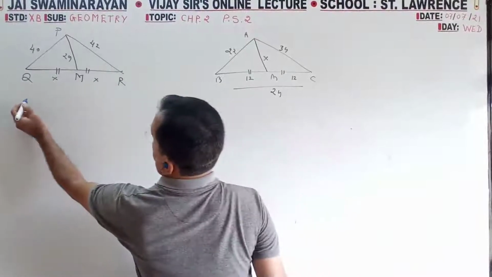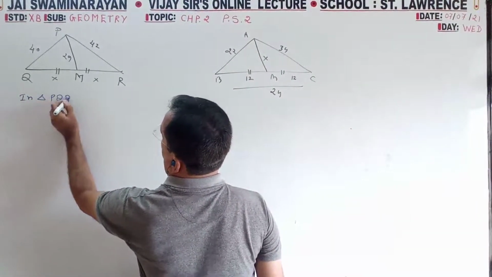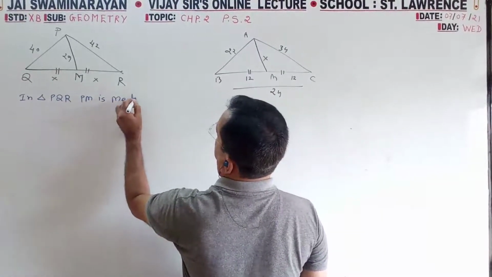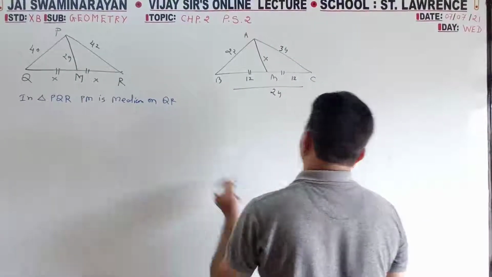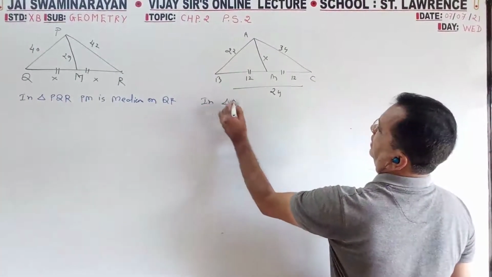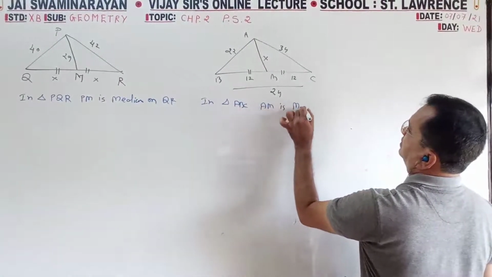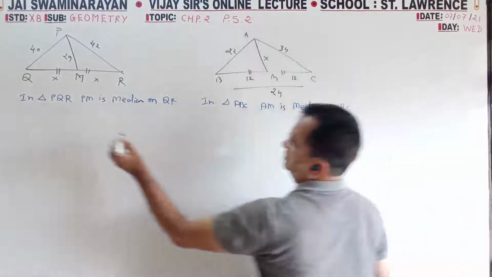Okay, in triangle PQR, PM is median on QR. Here, in triangle ABC, AM is median on BC.